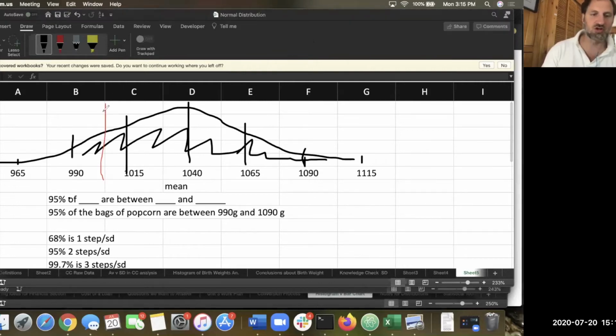If I draw the line at 1,000 here, because that's what I'm telling people these bags are full of, I'm going to have a certain proportion of people who are to the right, but I'm going to have a certain proportion of people who are to the left. And this is the question I want to be able to answer. What proportion of people would get less than 1,000 grams of popcorn? So let me show you the approach for that.